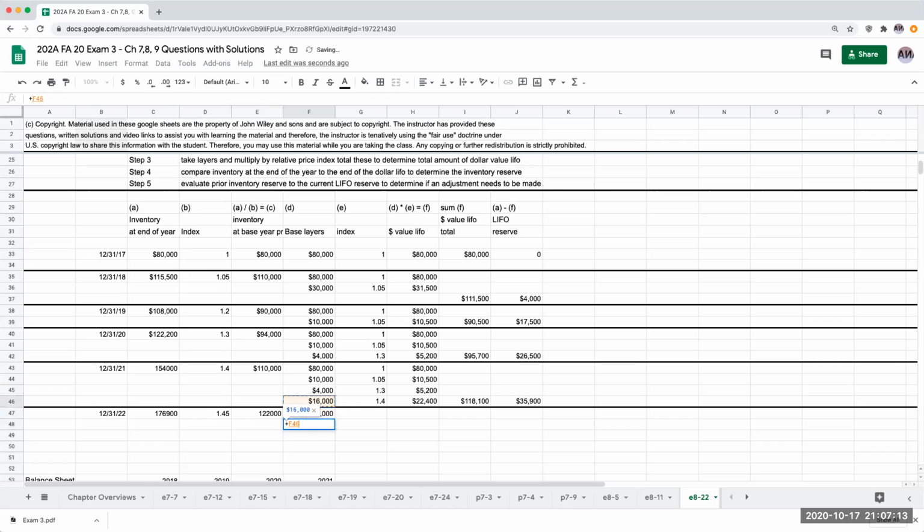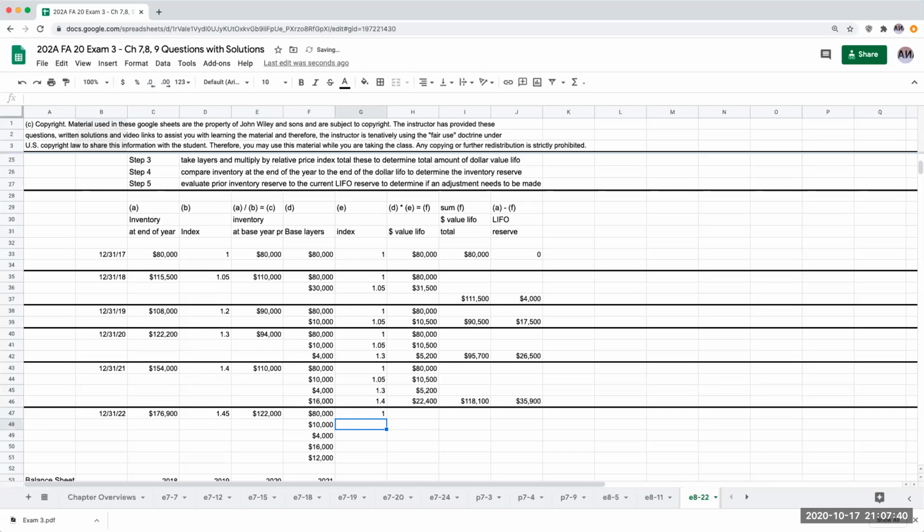So what I'm going to do is follow the same path. And I'm going to take 122 minus what I already have in terms of my layers. So I get 12,000. So again, this key first step is to take this inventory here and put it into the base year prices so we can compare these different items.